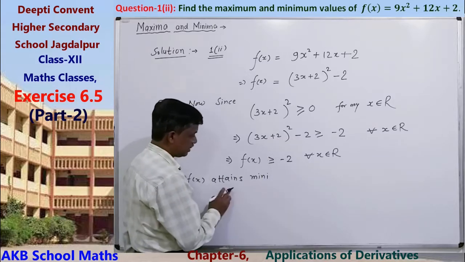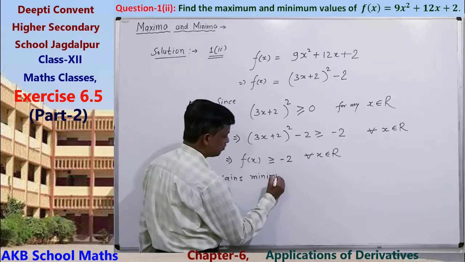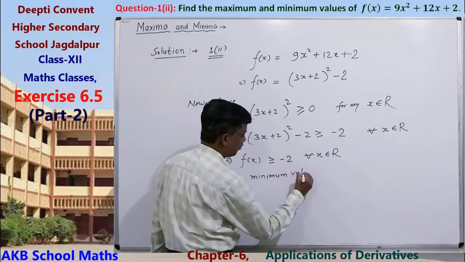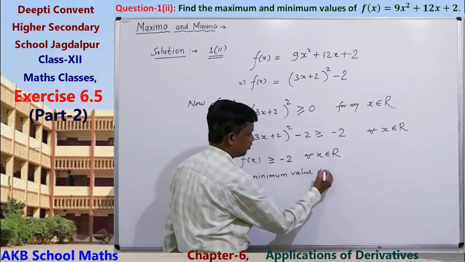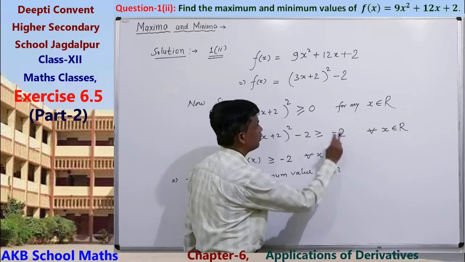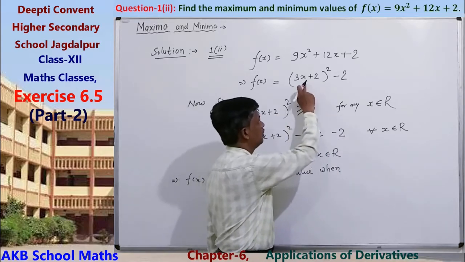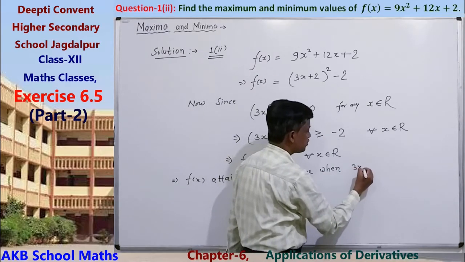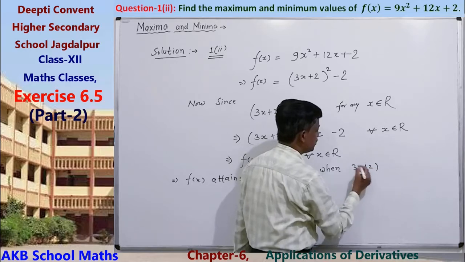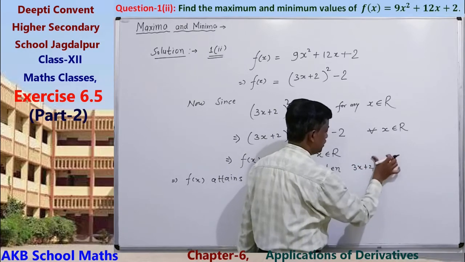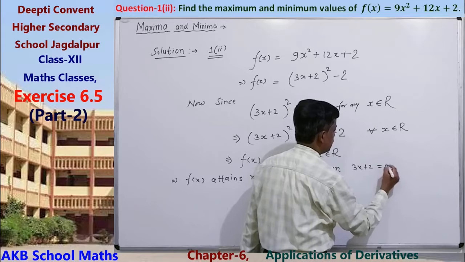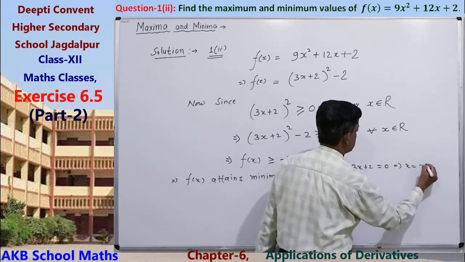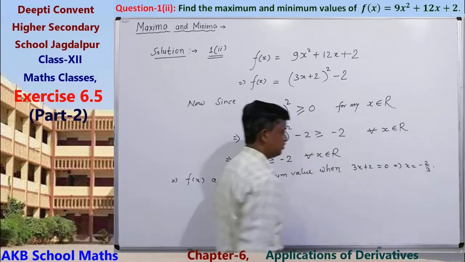So f(x) attains the minimum value when 3x plus 2 equals 0, that is, x equals minus 2 by 3.